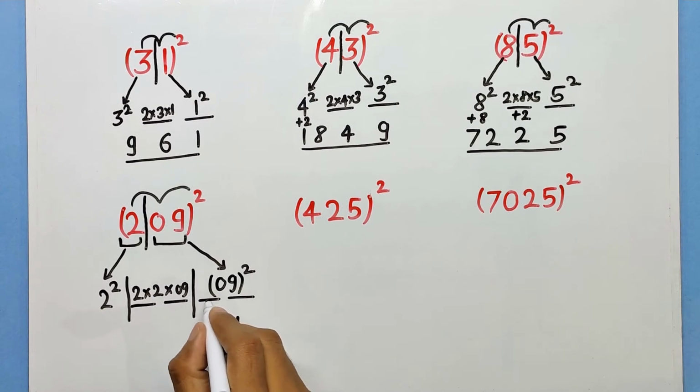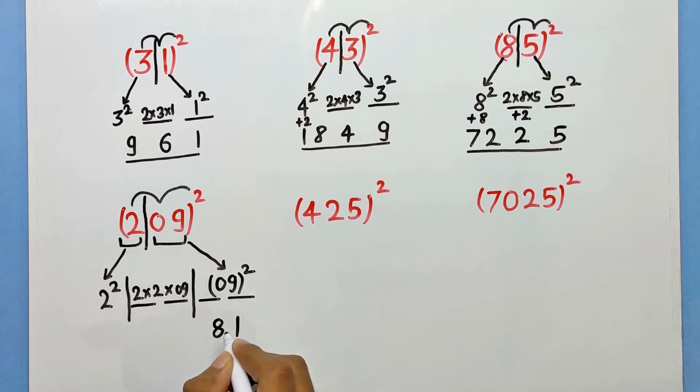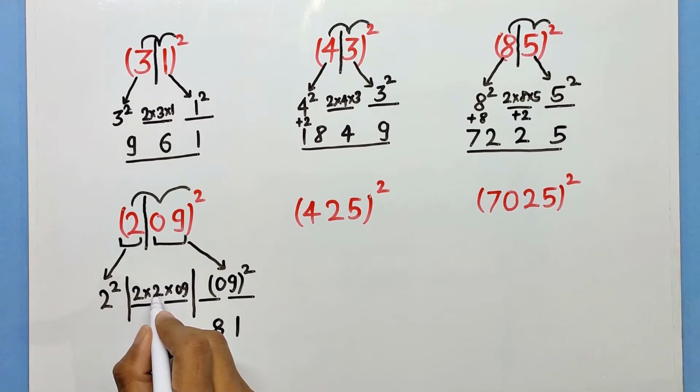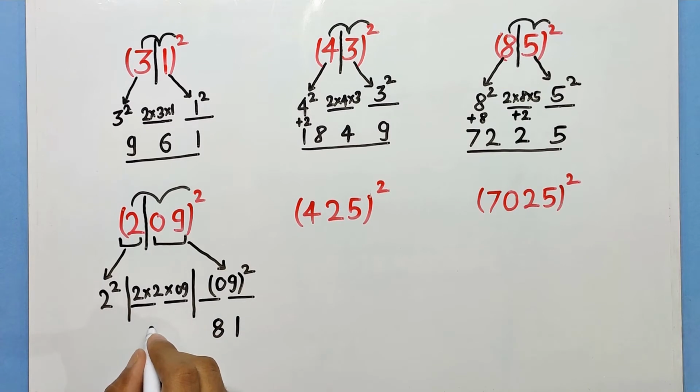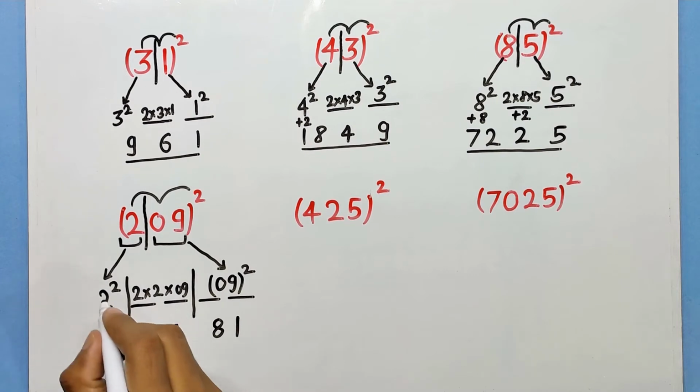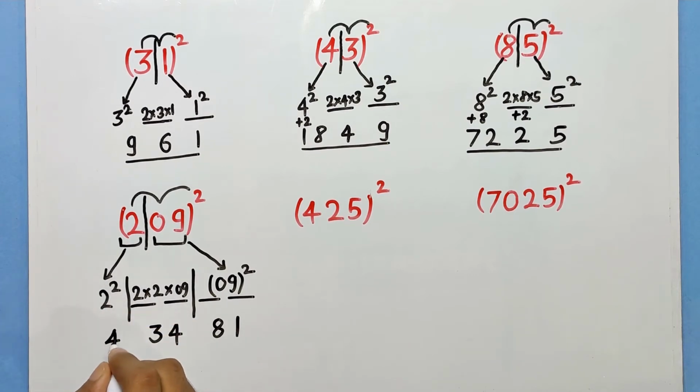Now here we are allowed to write two places. So we'll write 81 as it is. Now 2 times 2 is 4 times 9, that will be 36. So we'll write 36 as it is. Again we are allowed to write two digits here. So we are writing 36 and 2 square is 4. So answer to 209 square is 43681.